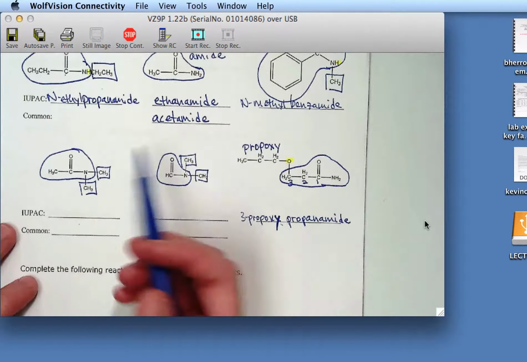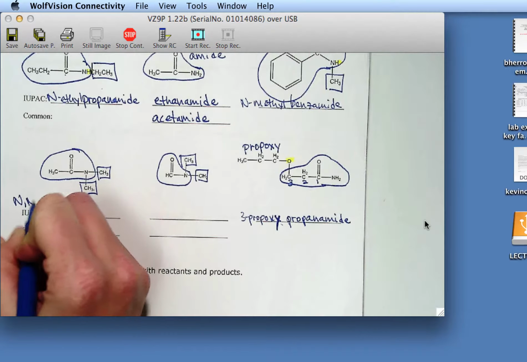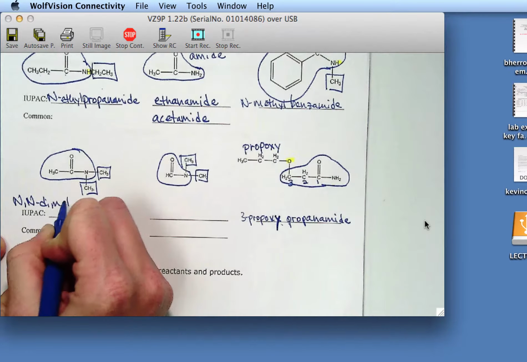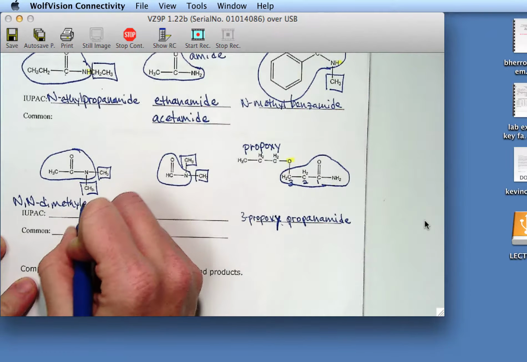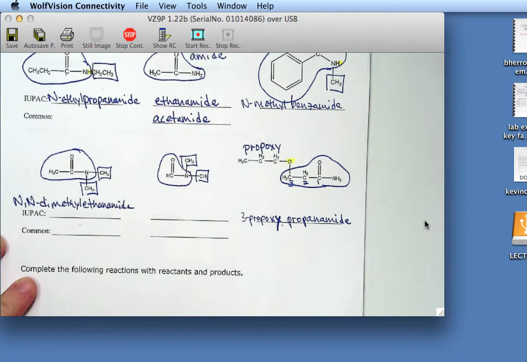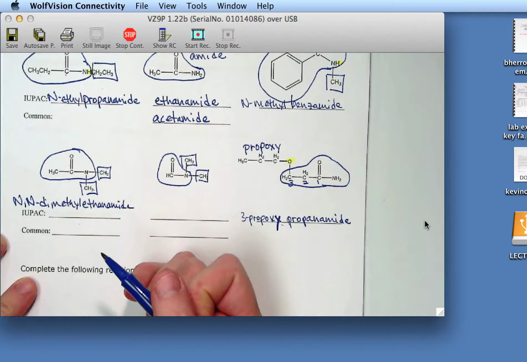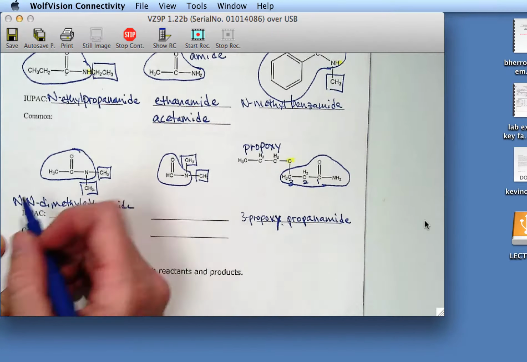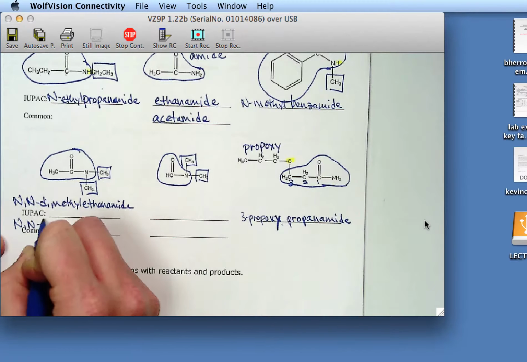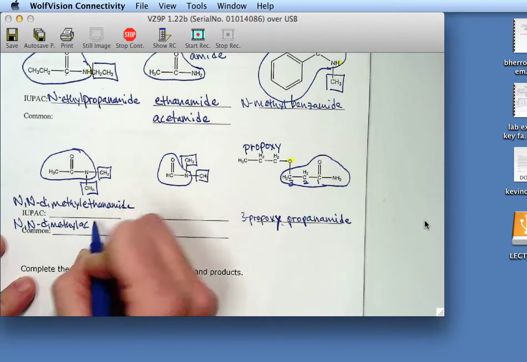All right, this next one, N,N-dimethylethanamide. And then the common name would just be N,N-dimethylacetamide.